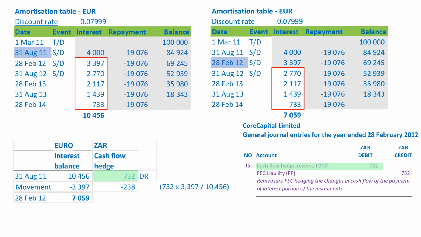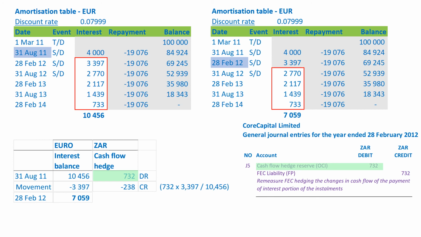And since 238 is a negative, this will mean that when journalizing it, you will need to credit your cash flow hedge reserve. In terms of your journal entry, we're going to credit our cash flow hedge reserve OCI of 238 rands. Can you think what the debit entry will be?